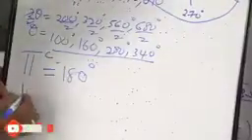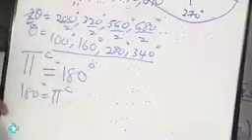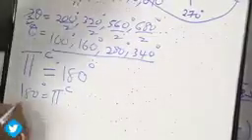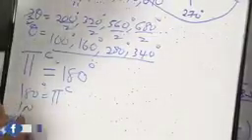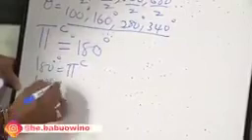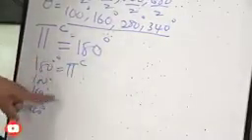If 180 degrees equals pi radians, what about 100? What about 160? What about 280? What about 340 degrees? So we'll be multiplying 100 times pi, divided by 180.